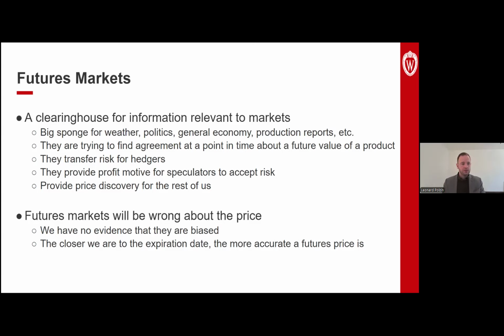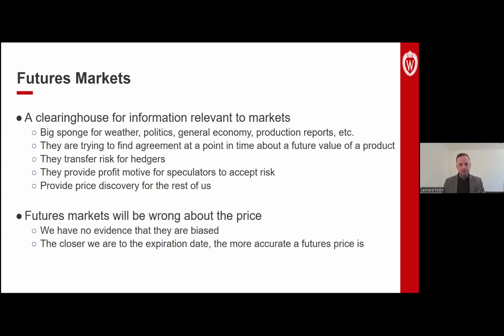right? So I think that's often why we look towards the futures market, that CME class 3, CME class 4 price, to kind of give us some information, some bearing, some direction, right? And the reason for that is that the futures market, especially that CME contract, acts as a clearinghouse for relevant markets. So it acts like a sponge.